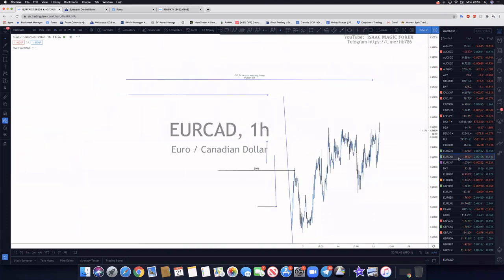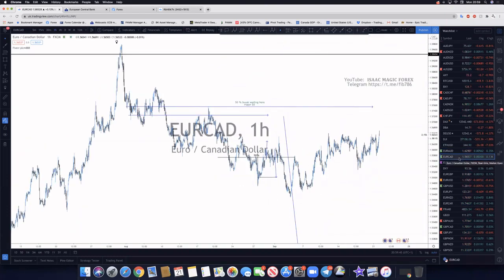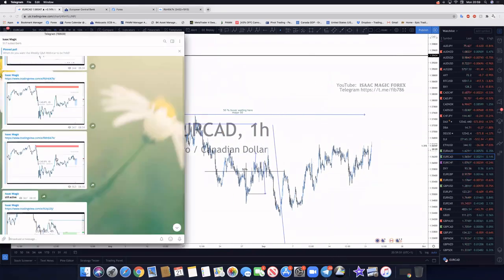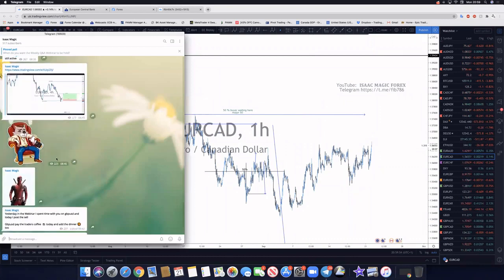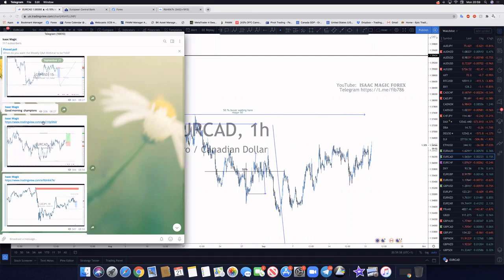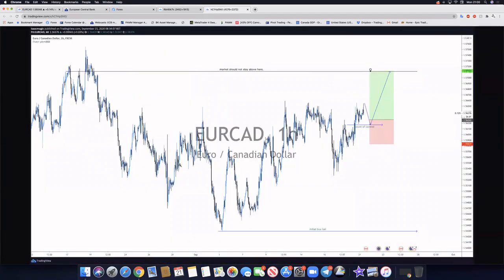EURUSD. If you look at the Telegram channel, I posted the EURUSD setups. Here it is. I posted the buy that I said is going to come, drop down here, and go, and it did exactly the same.